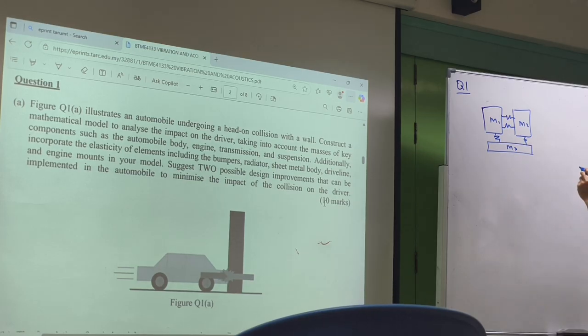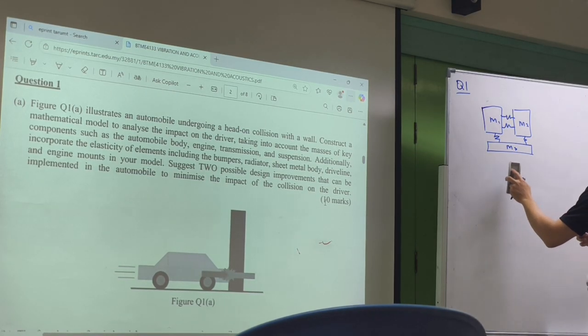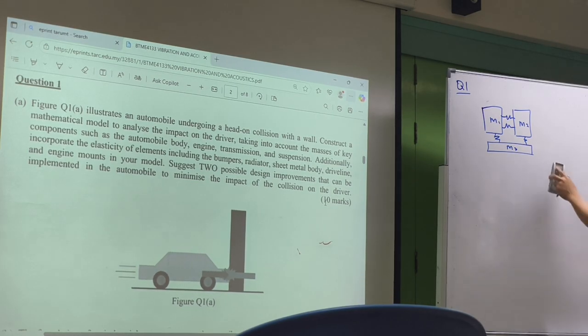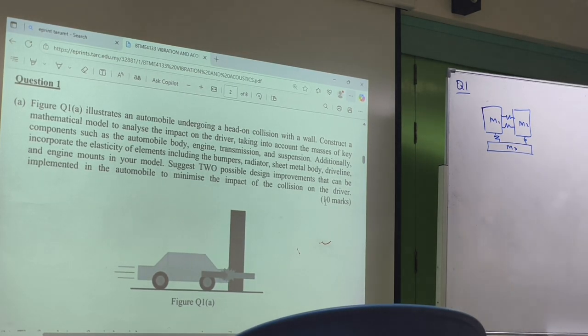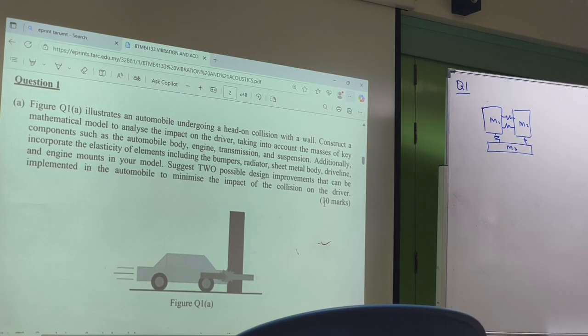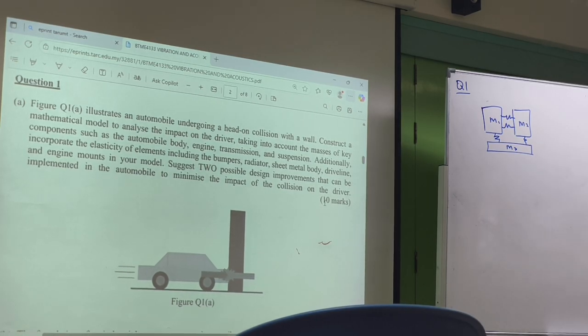Bumper, radiator, car body. It's quite hard to separate that because engine and transmission do not actually contribute to the engine.